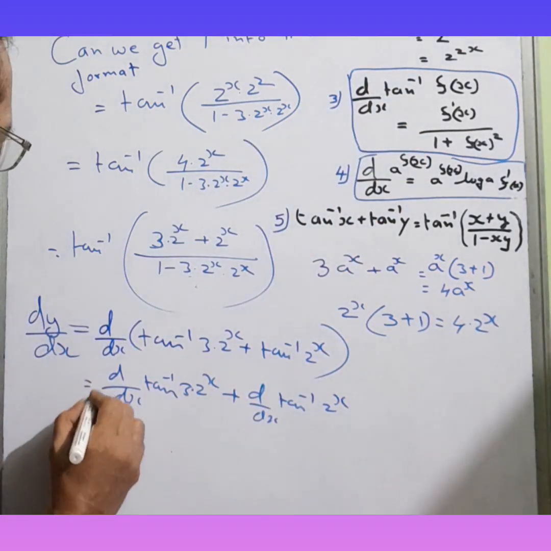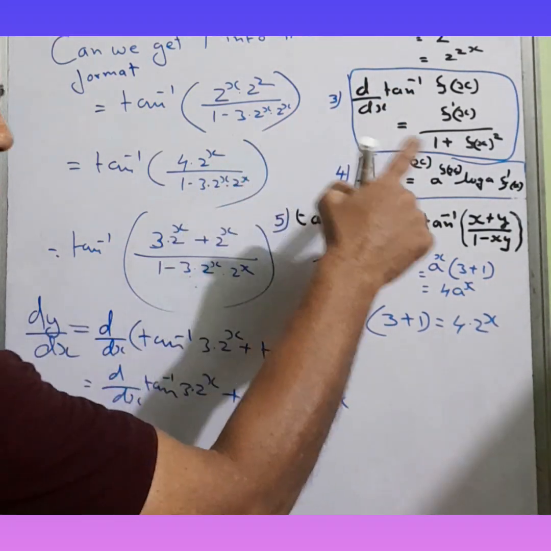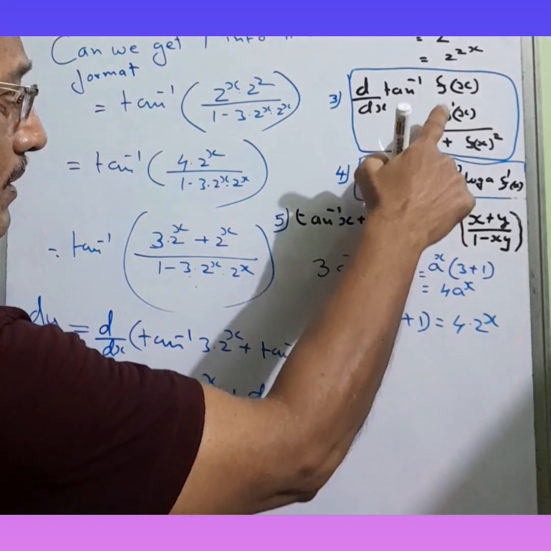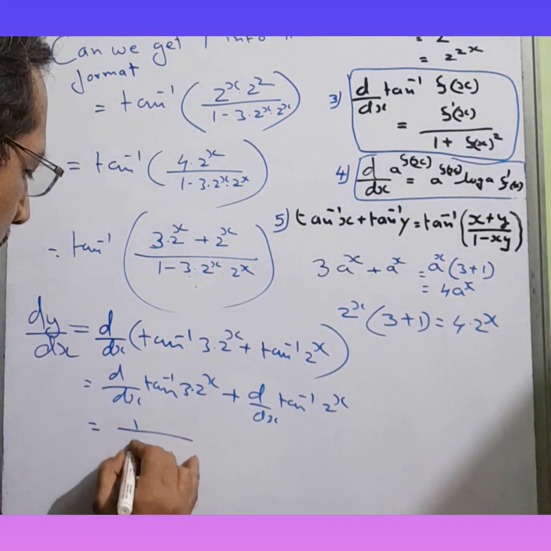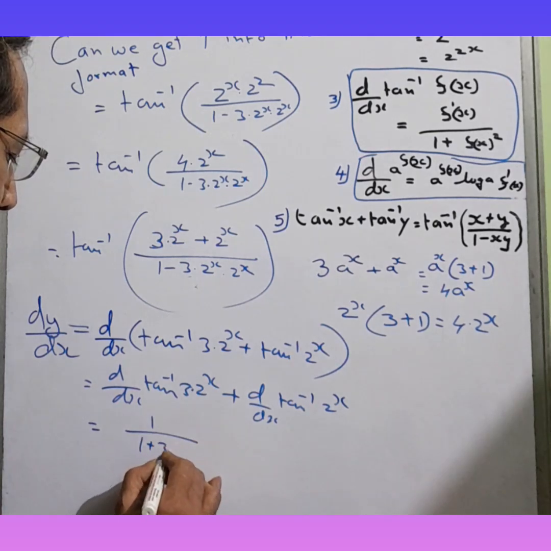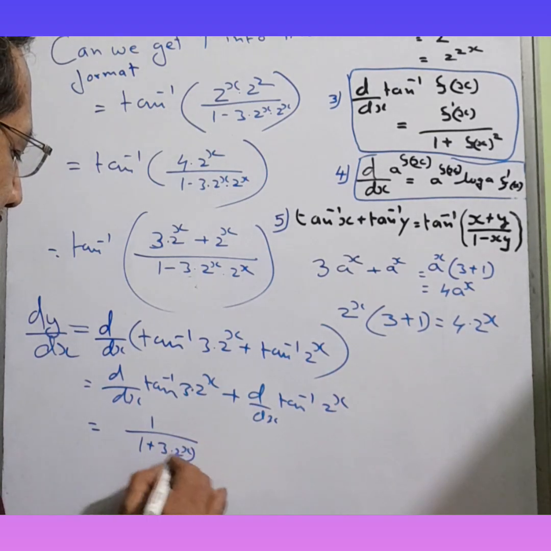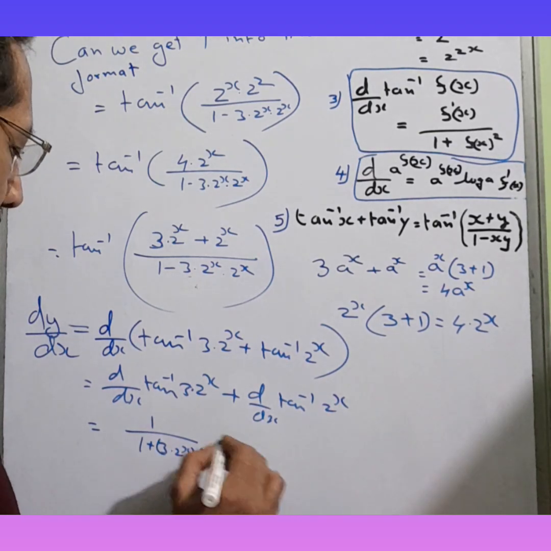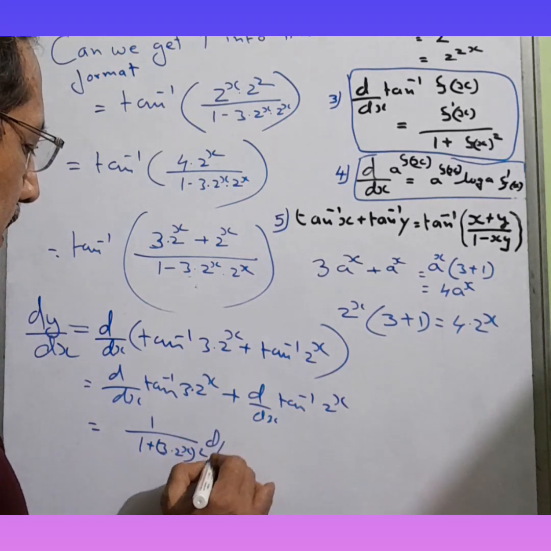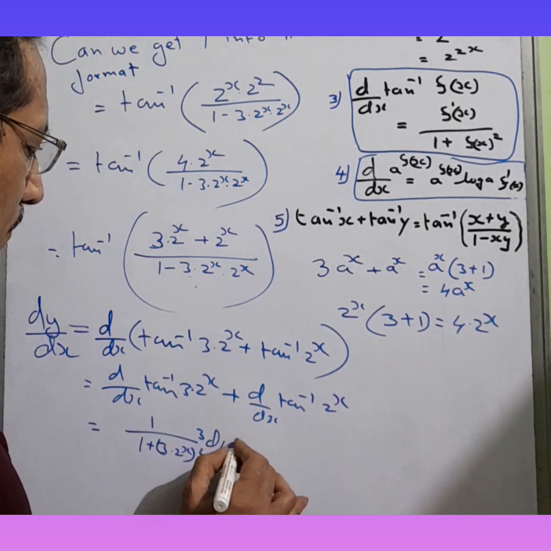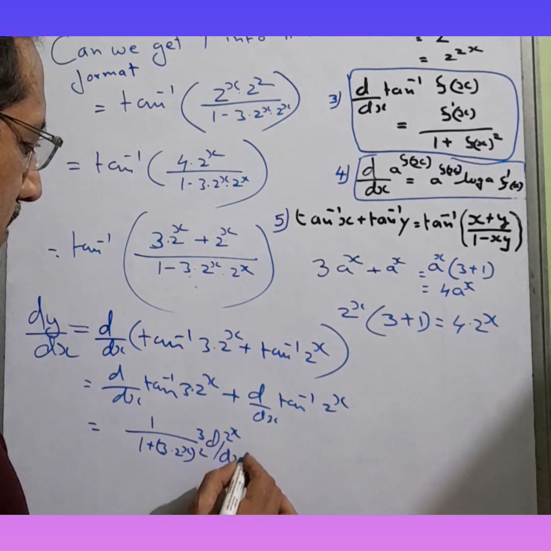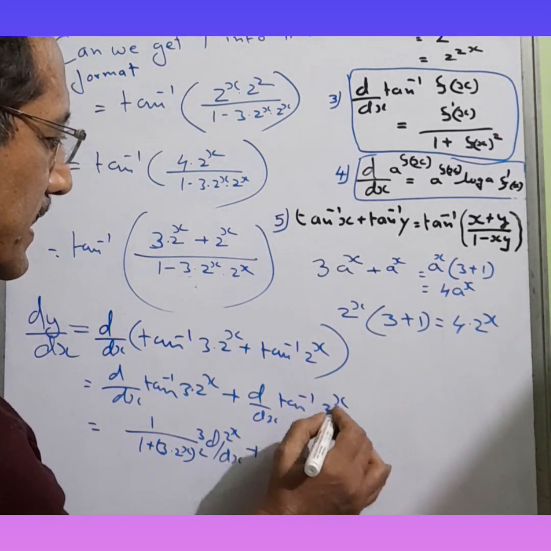So that comes to 1 divided by 1 plus f(x) squared. So it will be 1 divided by 1 plus 3 into 2 raised to x the whole square, and d by dx of 3 into 2 raised to x, plus d by dx of 2 raised to x.